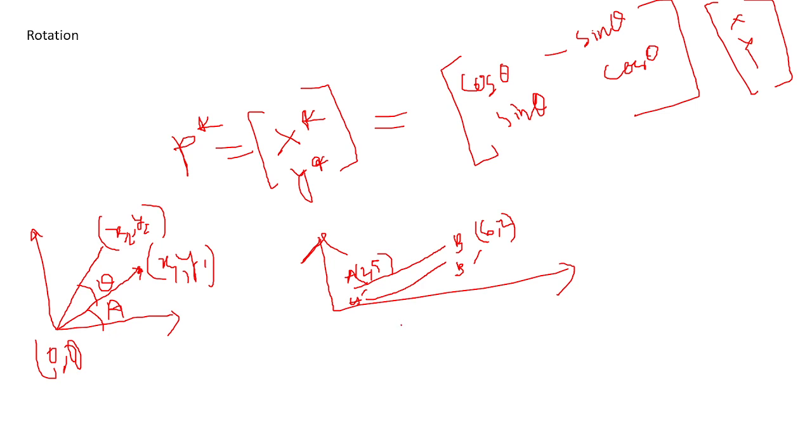So the rotational matrix is cos theta, sin theta, minus sin theta, cos theta, right? And the rotation of the point 2, 5 by 30 degrees.